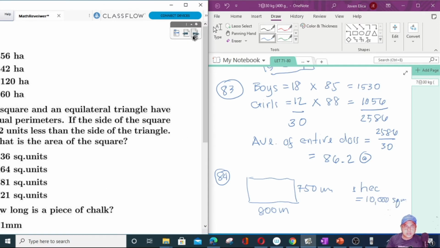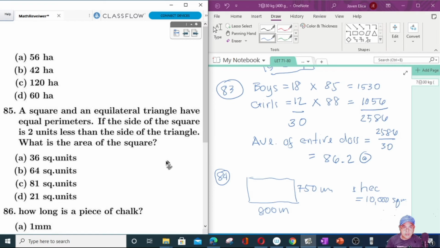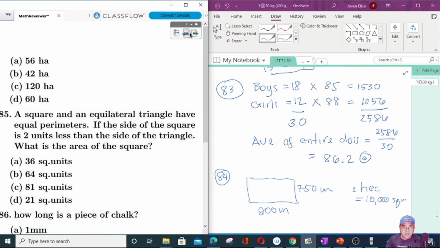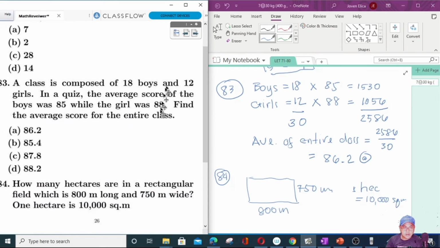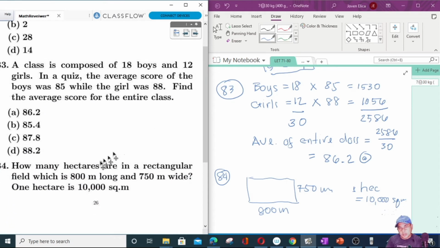Now the question is, how many hectares are in the rectangular field?